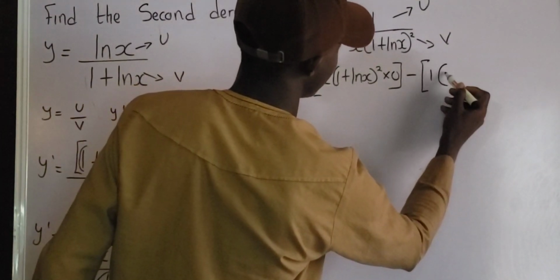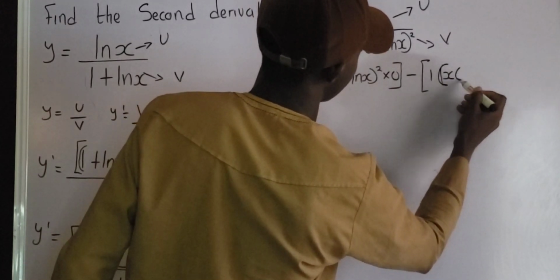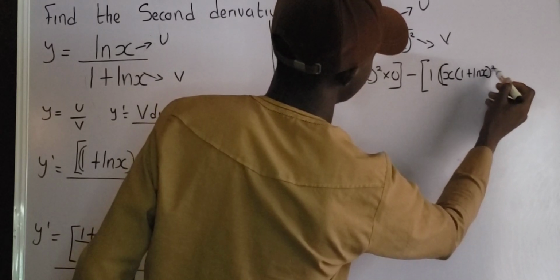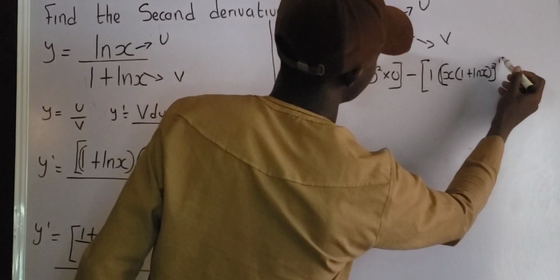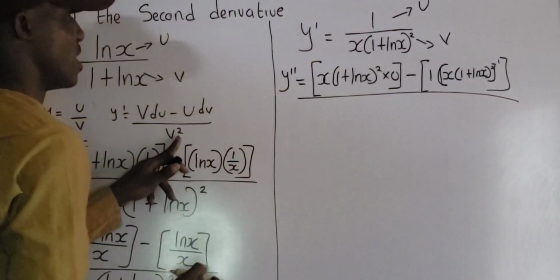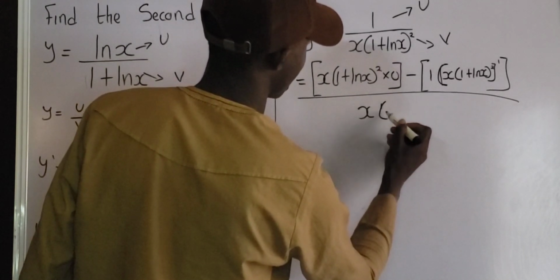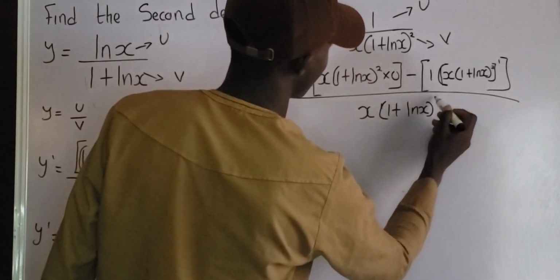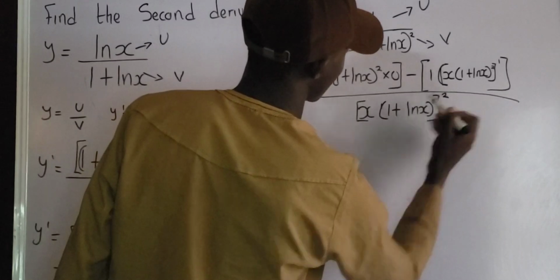I want you to pay attention here. Multiply by x into bracket 1 plus ln x squared, derivative, all over v squared. V squared is x into bracket 1 plus ln x raised to the power of 2, squared.